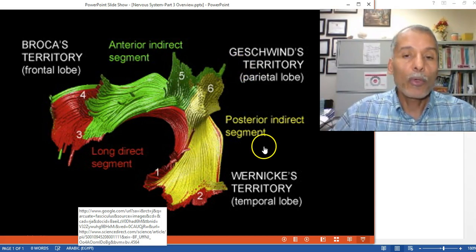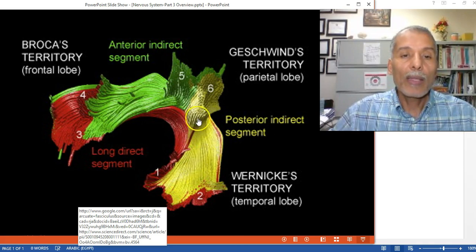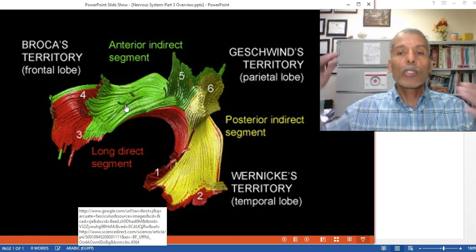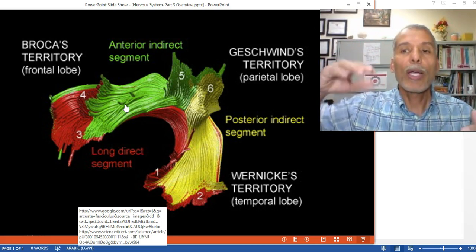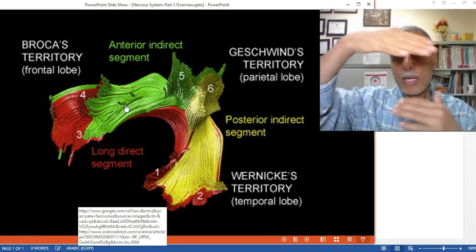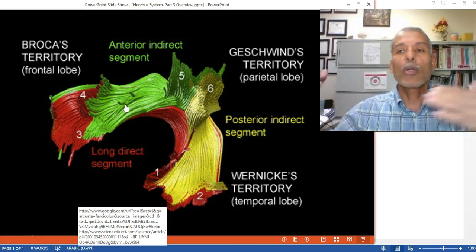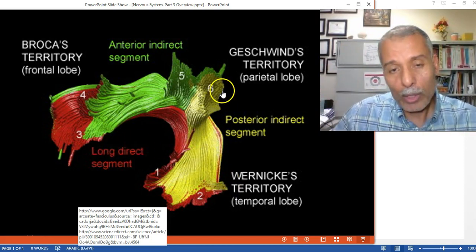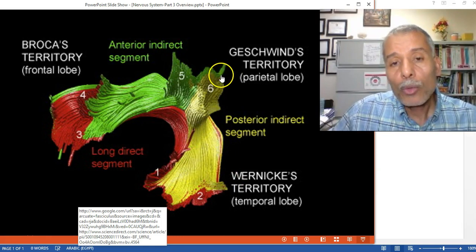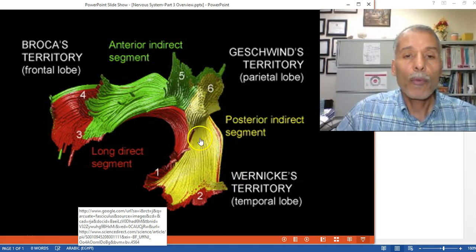So it's a very important connection. And the information in it goes back and forth. It is a bi-directional pathway. Information goes back and forth from Wernicke's to Broca's and Broca's to Wernicke's, and also from Wernicke's to the angular gyrus and back and forth.